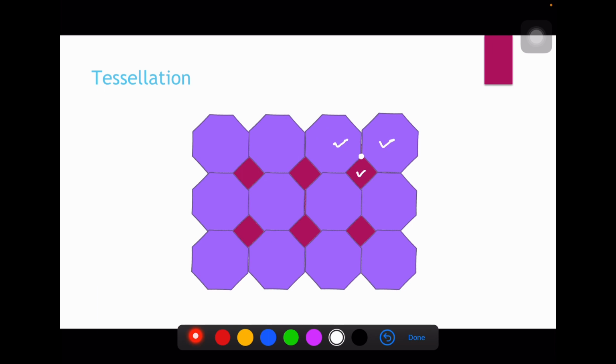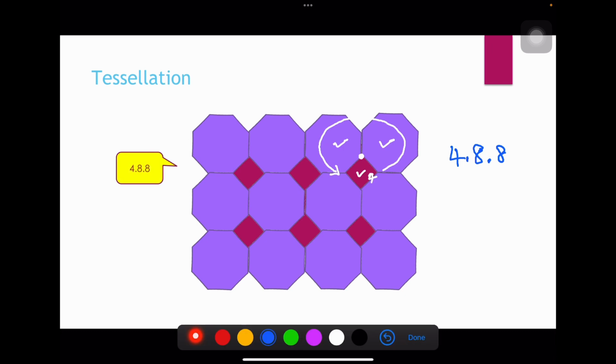We start from the 4, then we can go all the way around, clockwise or anti-clockwise. Then we can write it as 4.8.8. There you go. So that's correct.